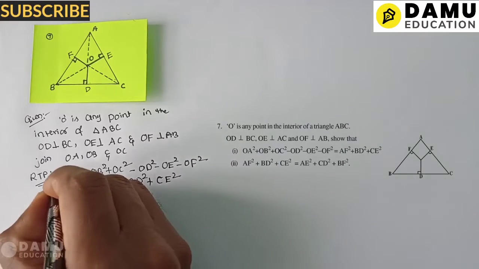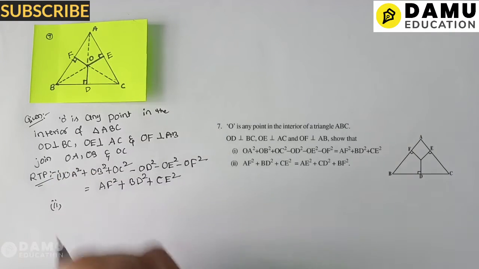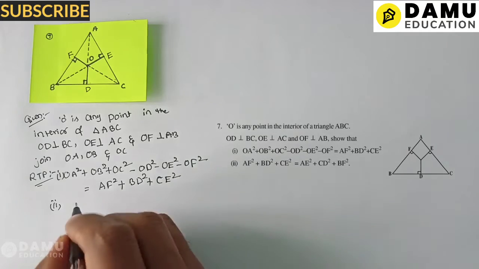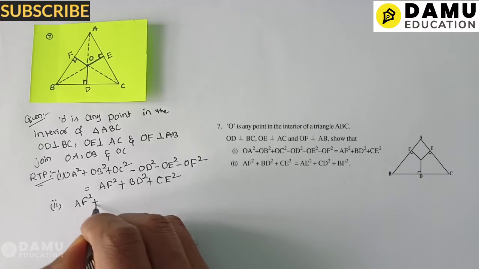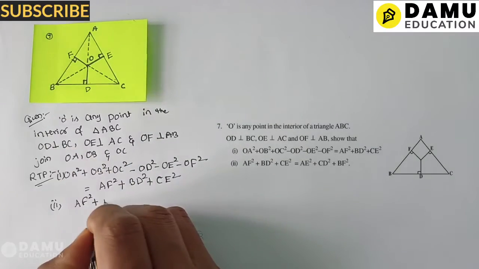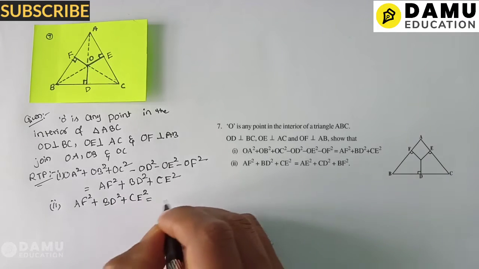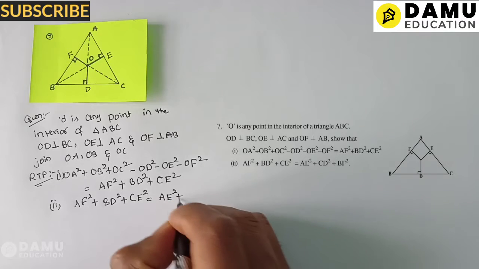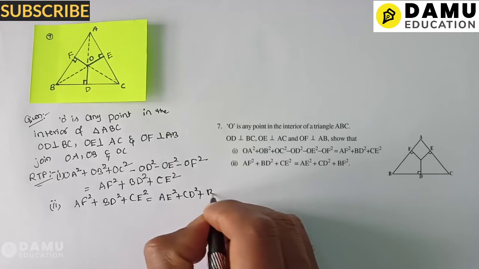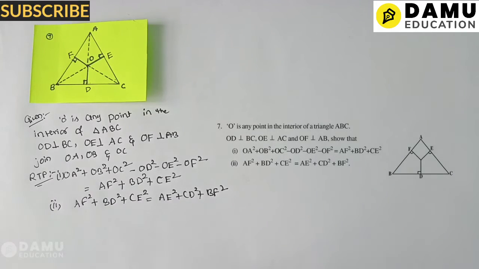So this is the first one required to prove. And what is the second one? The second one here is AF square plus BD square plus CE square will be equal to AE square plus CD square plus BF square. So these are the conditions we have to explain here.